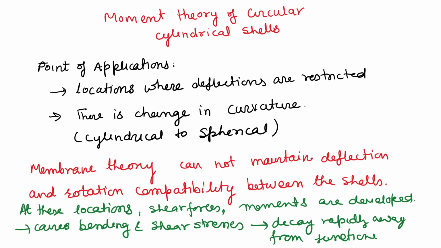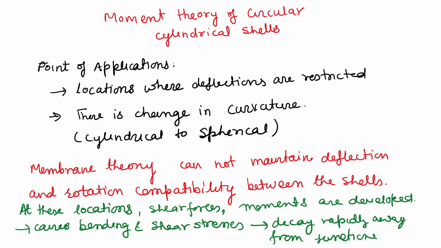Now, as already said, the next is the moment theory of circular cylindrical shell. Why am I talking about only circular cylindrical shell? Because moment theory in general is very complex, so we cannot get the solution for all cases. We have an analytical solution for typical cases.